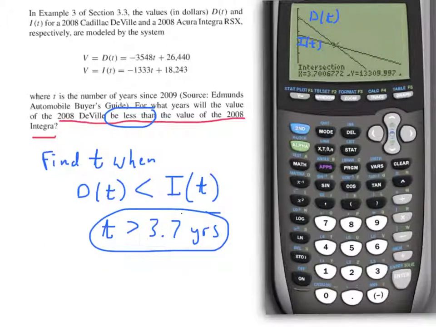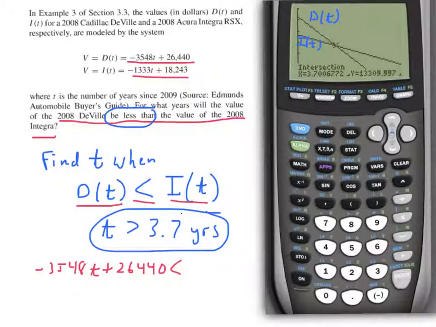Now you could also solve this problem algebraically by taking the expression for d of t, which is negative 3548t plus 26,440, and setting it less than I of t, which is negative 1333t plus 18,243.